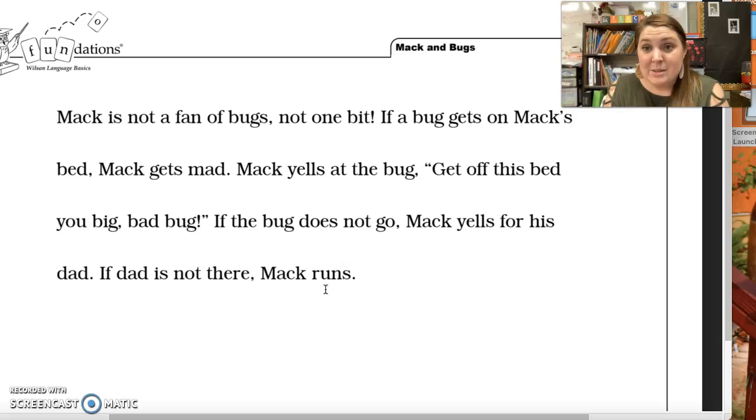Mac yells at the bug and he tells him what? Get off my bed, right? And then does the bug listen? No. And if the bug doesn't get off, what does he go do? He goes and tells his dad, or he what? He runs. He gets out of the room. He does not like bugs.